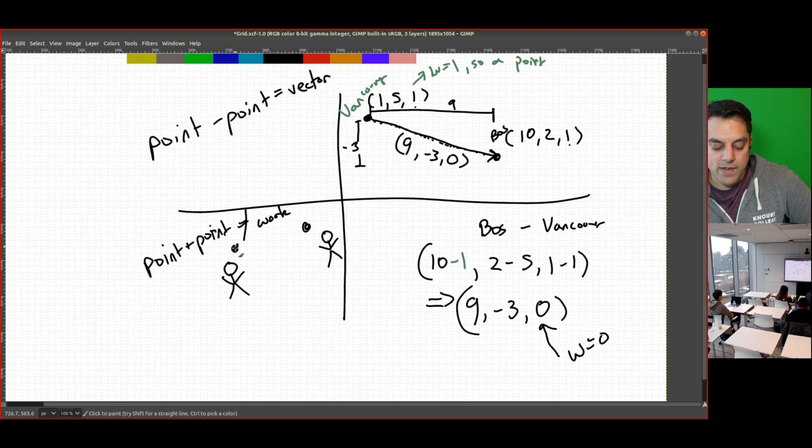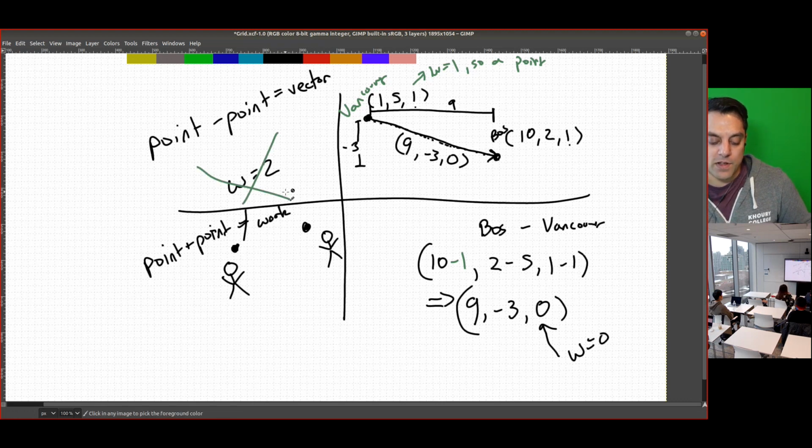But if I add this point to this point, that doesn't work, right? I can tell you how to get from here to there. That's the vector, but I can't add. You just can't add a point and a point. So if you ever end up with w equals 2, that's a unit test where you can say, hey, this is a failure or unit mismatch or something like that. Okay, does that make sense?